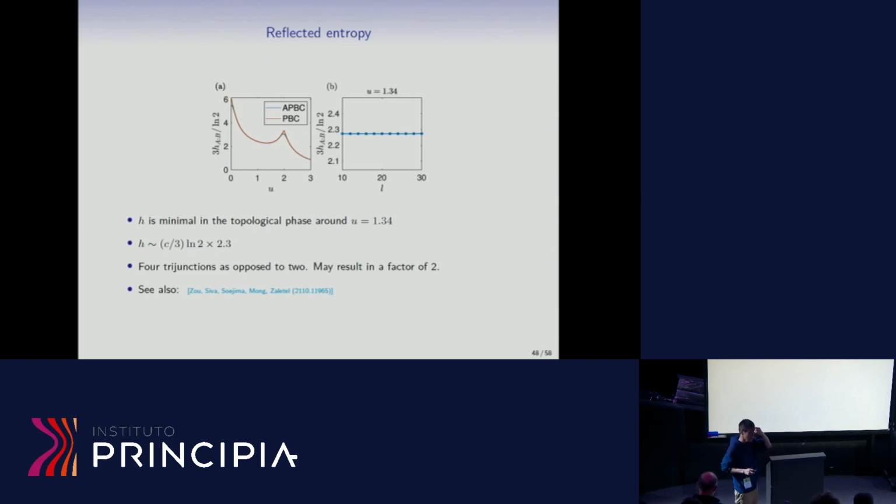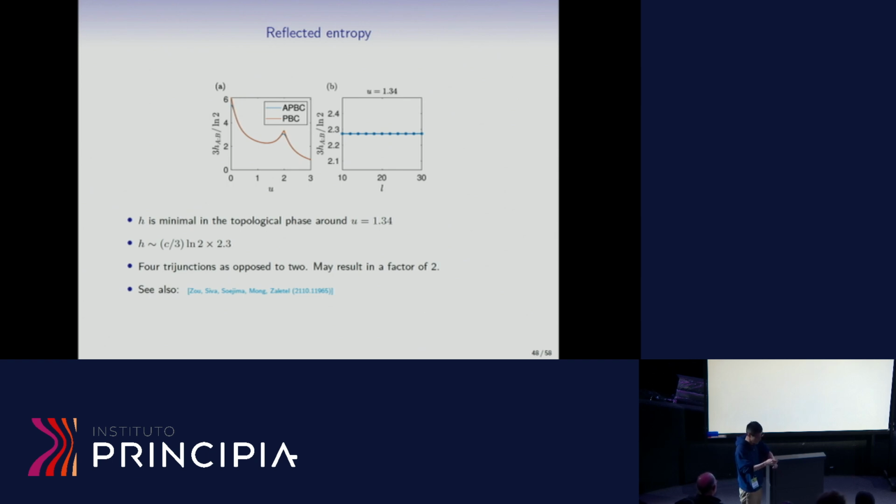So it is system size and subsystem size independent. Okay, but it's not exactly C over 3 log 2. But if you are deep inside this gapped phase, it is very close to C over 3 log 2. So here it's almost like 2 times C over 3 log 2.